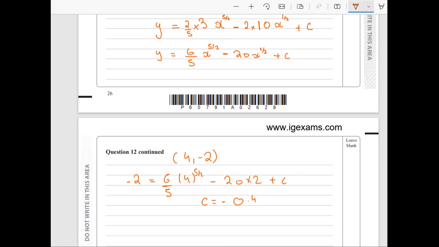It would be minus 2 plus 40 minus 6 by 5 multiplied by 4 to the power 5 by 2, which is 32. Let's just do it instead of writing it directly.